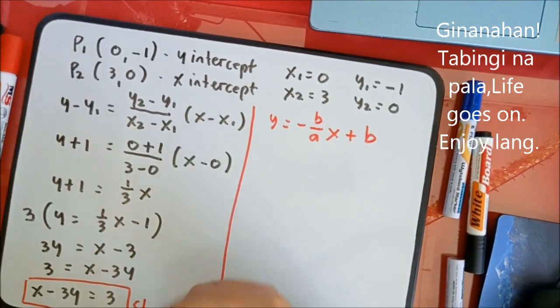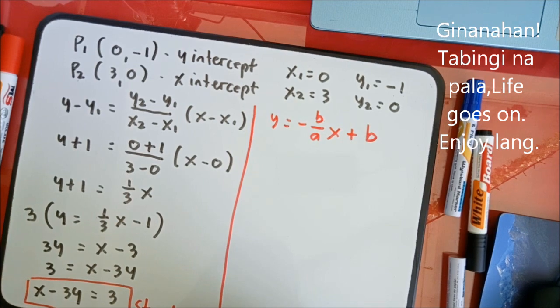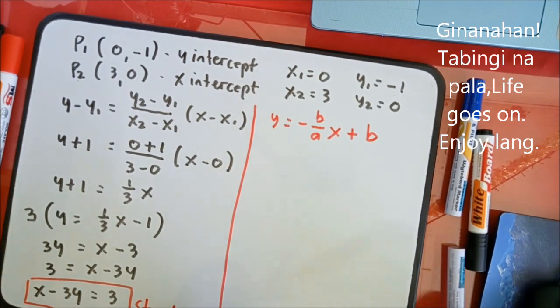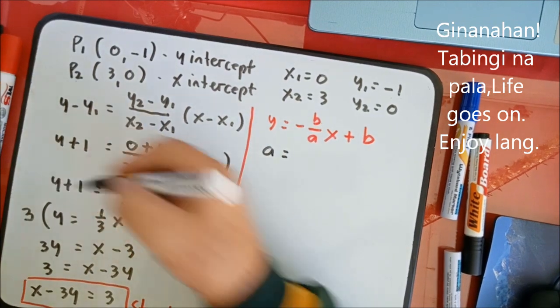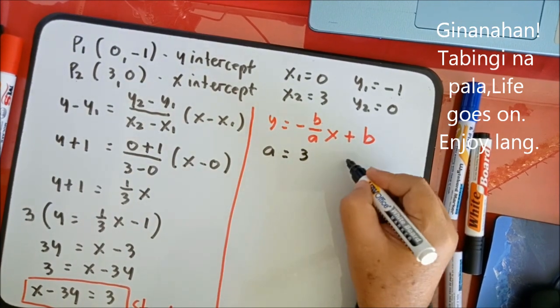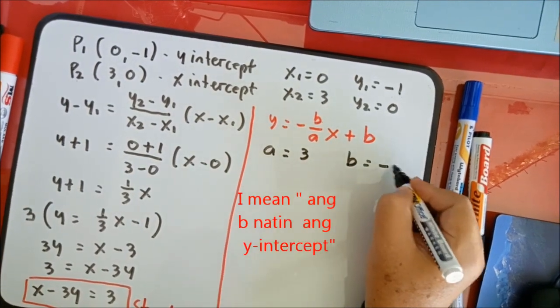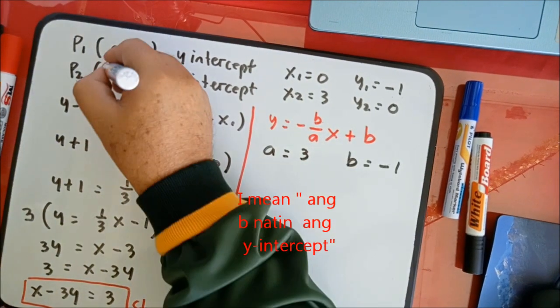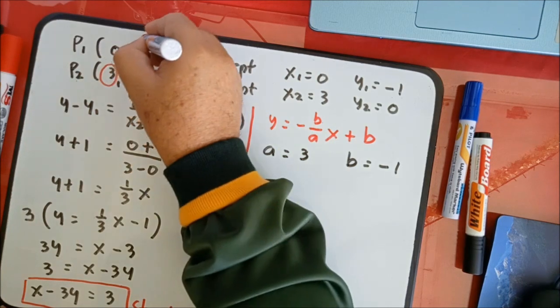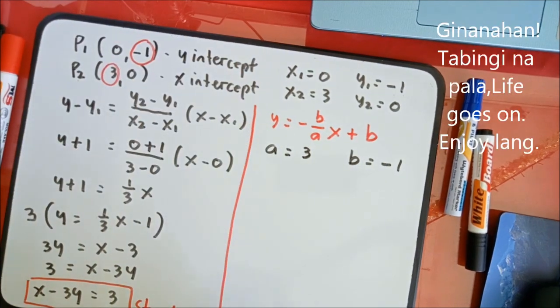Kapag meron tayong y-intercept at x-intercept, ang a natin ay yung x-intercept. Yung b natin ay y-intercept. Okay.